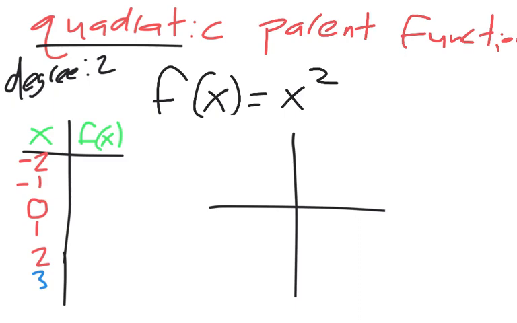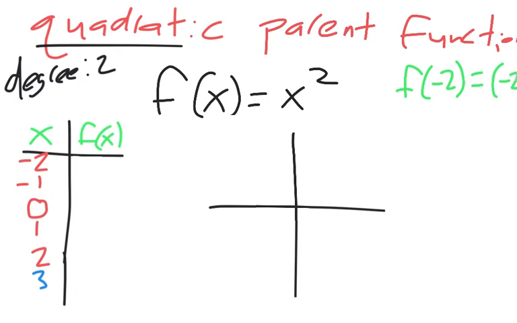So if I plug -2 in for x, what is the output? These are my inputs. I can choose any inputs I want. So if I input a -2, and I know I've got to write everything out because I've seen what you guys do, this would be f of -2, which we can write as (-2) squared.